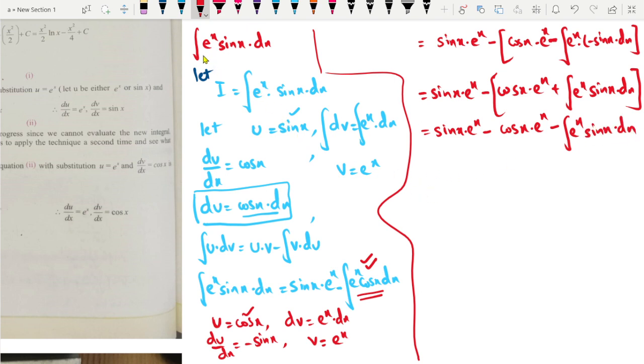Now let this be equal to I. So I is equal to this one. Here we see that this is also I. This and this are similar.